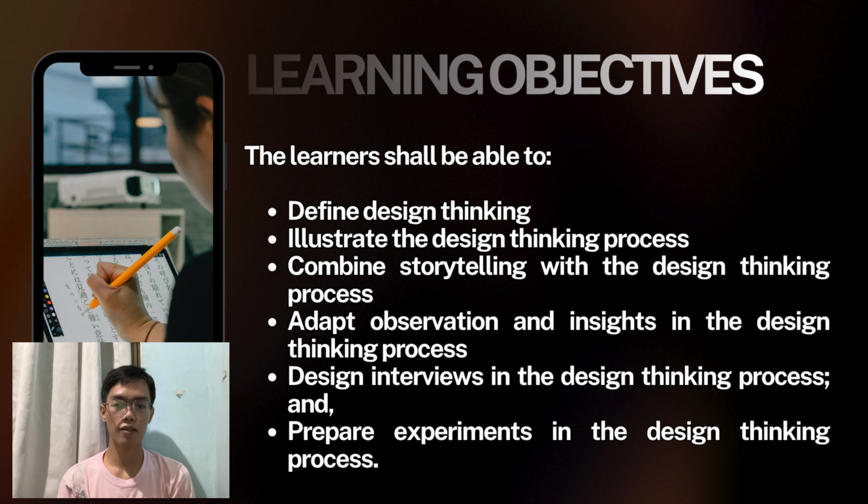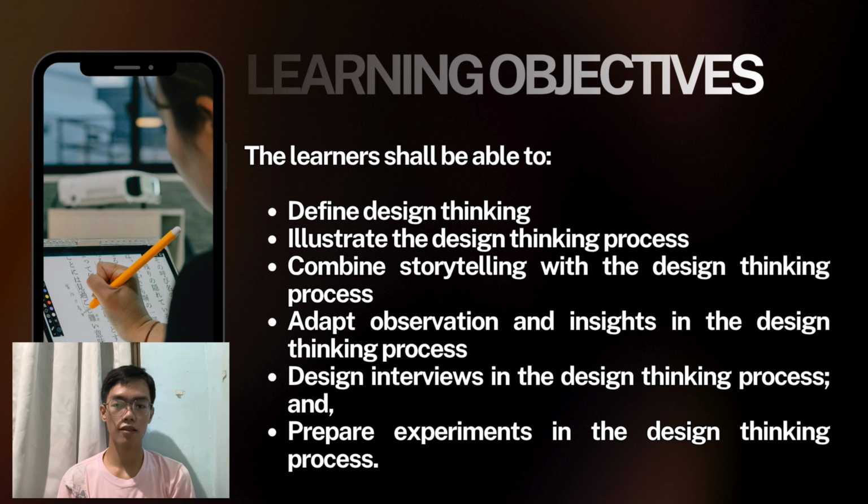To better understand design thinking, let us first look at its history. During the 1950s and 1960s, the concept emerged from engineering and architecture. Then in 1969, Herbert Simon introduced the idea of design as a problem-solving science through his book The Sciences of the Artificial. Then in the 1970s, design thinking evolved to combine human needs, business goals, and technology.